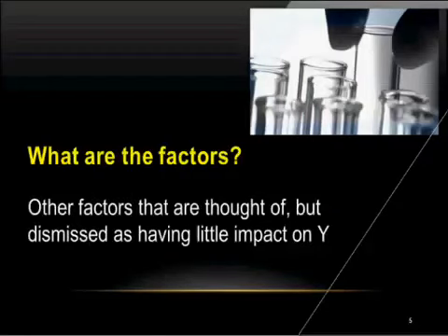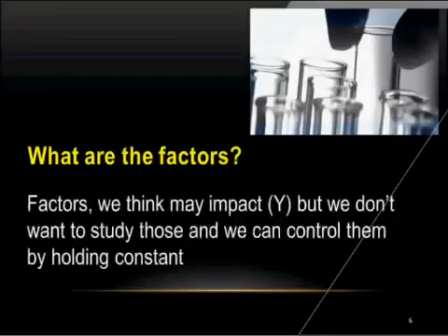There are also other factors that we think of, but we really don't want to consider them in the model since they have little or no impact on the response. Let's say me liking brand 1 over brand 2 doesn't really impact the performance of the conditioner itself. There are also other factors that may impact the response, but we don't really want to study them. We will control them by holding them constant.